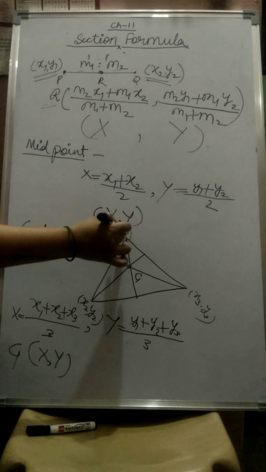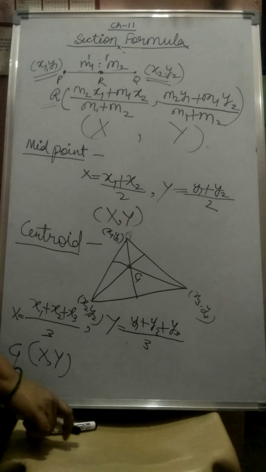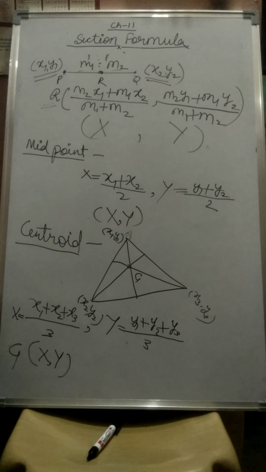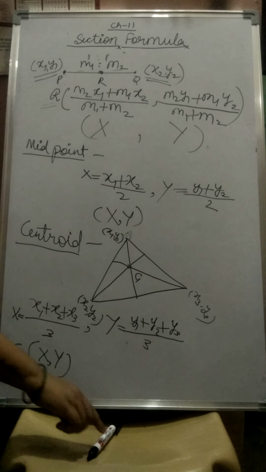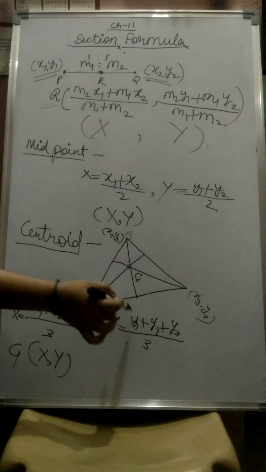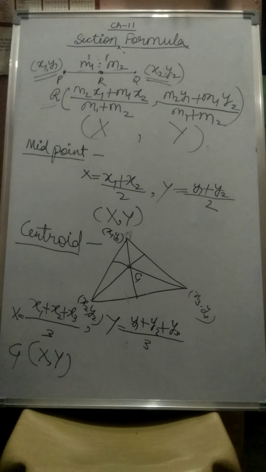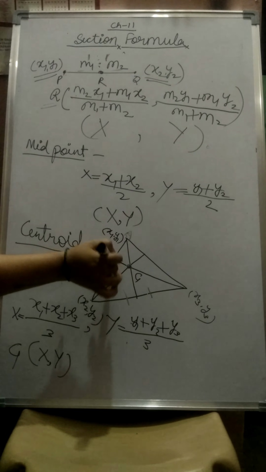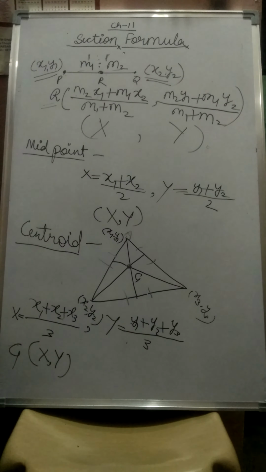We have the points A, B and C, the three vertices of the triangle, and a median of the triangle divides the opposite side into two equal parts. This line also divides its side into equal parts, and these are also equal.